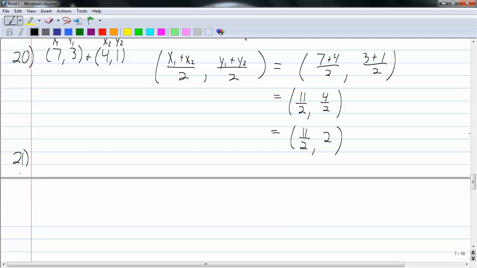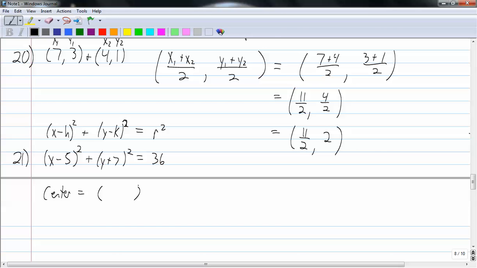All right, number 21, find the center and radius of the circle. All right, the general formula for a circle is x minus h squared plus y minus k squared equals r squared. So to find the center, it's going to be the point HK. There's a minus in front of both of those in the formula, so we need to take the opposite of -5 and the opposite of +7.